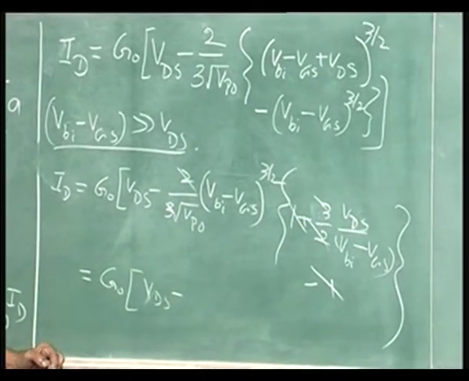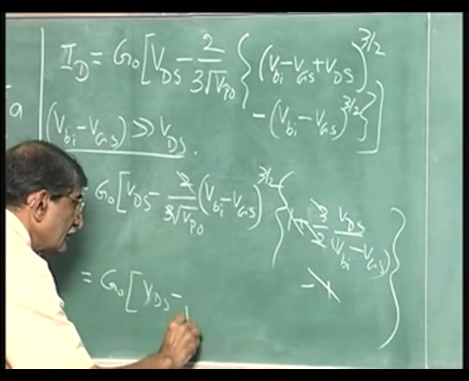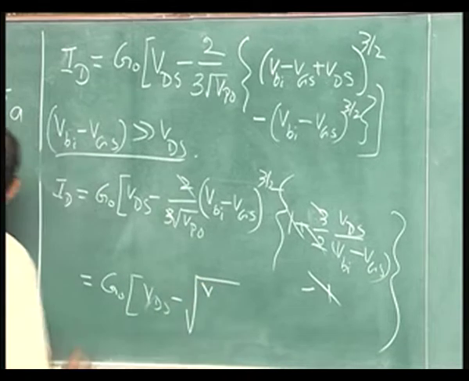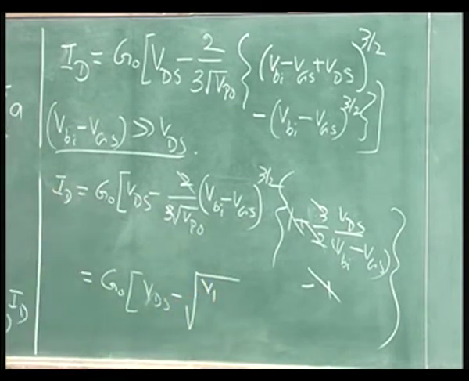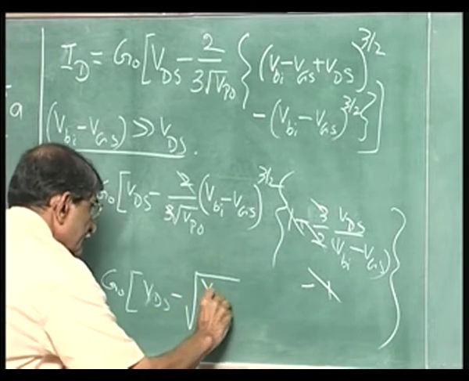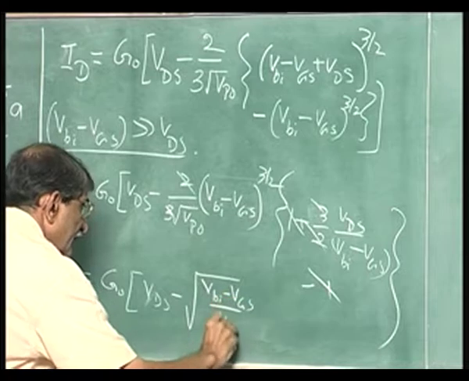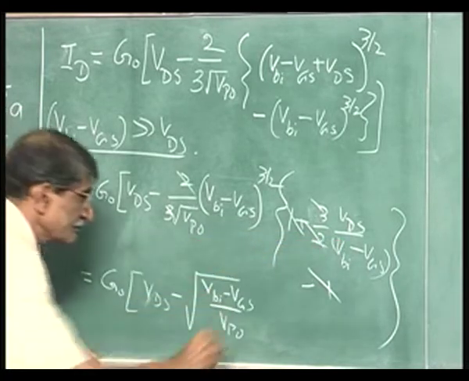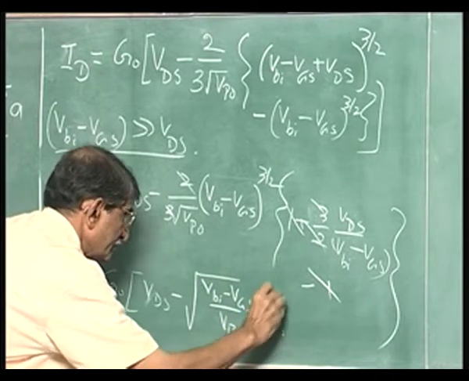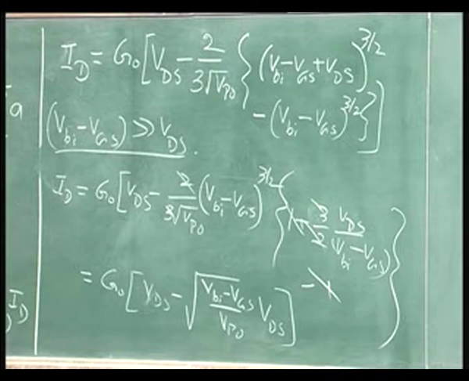And this 3 by 2 cancels with that. I will get V b i minus V g s divided by V p 0 into V d s. That is what we have got there.